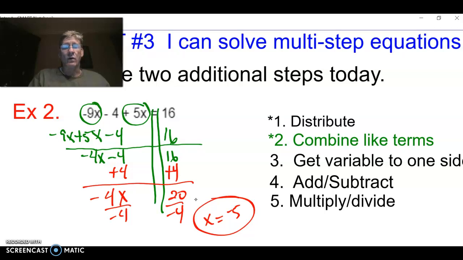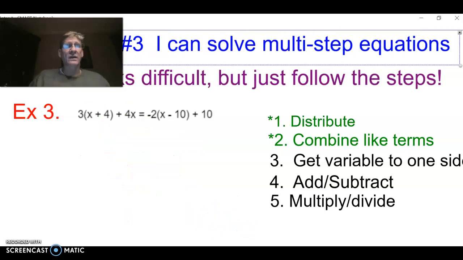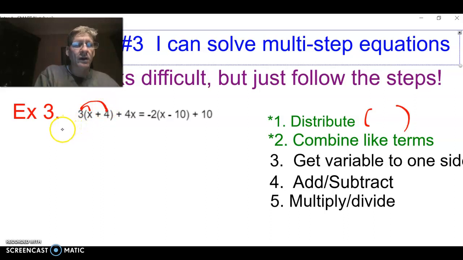All right, so now the next one, this looks difficult, but just follow the steps. That looks like a big, long, mean old thing. Follow the steps. Okay, we got them right here. Distribute. Do I see any parentheses? I do, so let's take care of those. Just rewrite the whole thing. It's like rewriting a sentence. I like to draw in the little lines for distribution.